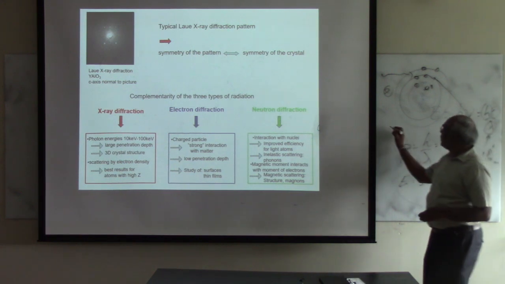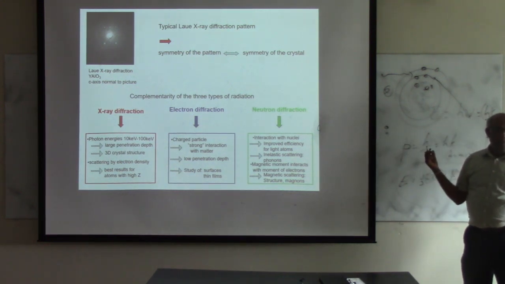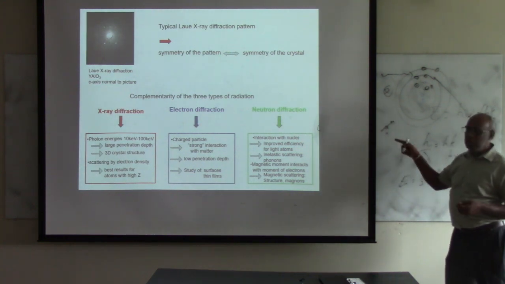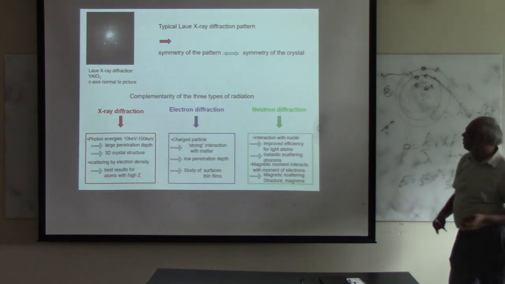But if you have a neutron, what happens? It's a neutral particle, right? The important thing is the neutron has what we call a magnetic moment. We are going to talk about that. The electron also has a magnetic moment because of the spinning properties.